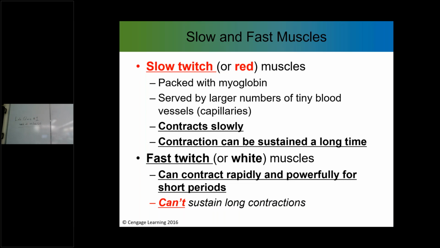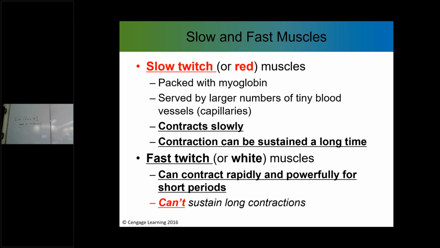Genetically, you can have more of some than others, more slow twitch or more fast twitch. You ever notice that some people are fast runners, but other people can run for a long distance? So depending upon the combination and how many fibers are present, that can give that genetic predisposition.